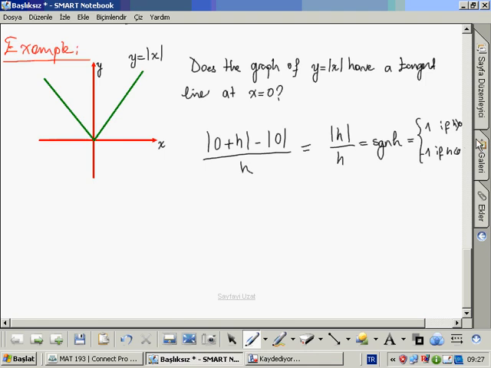So we can say this graph has no tangent line at the origin again.